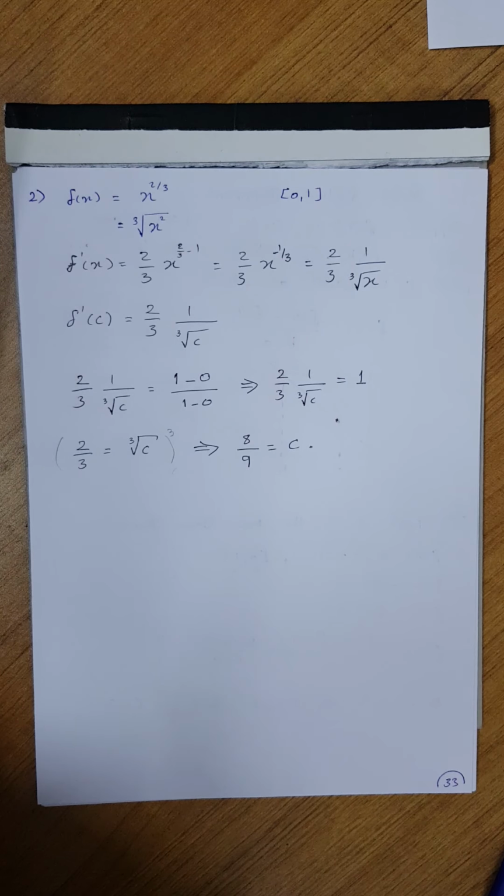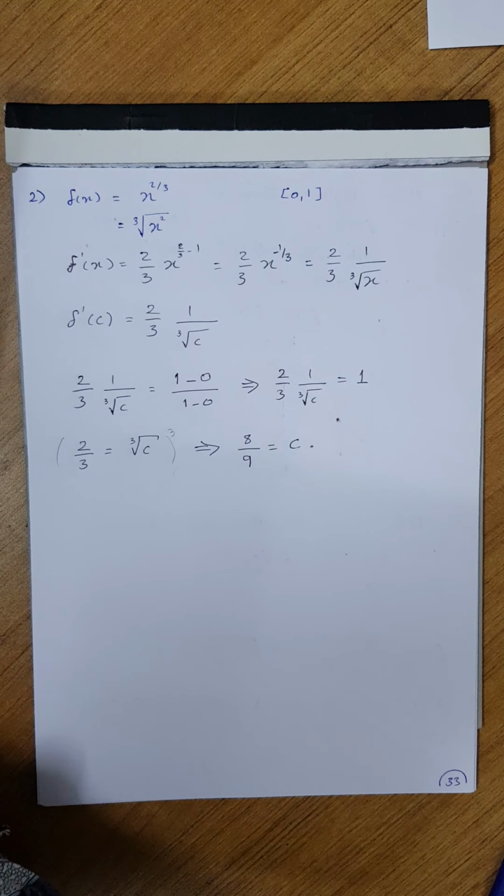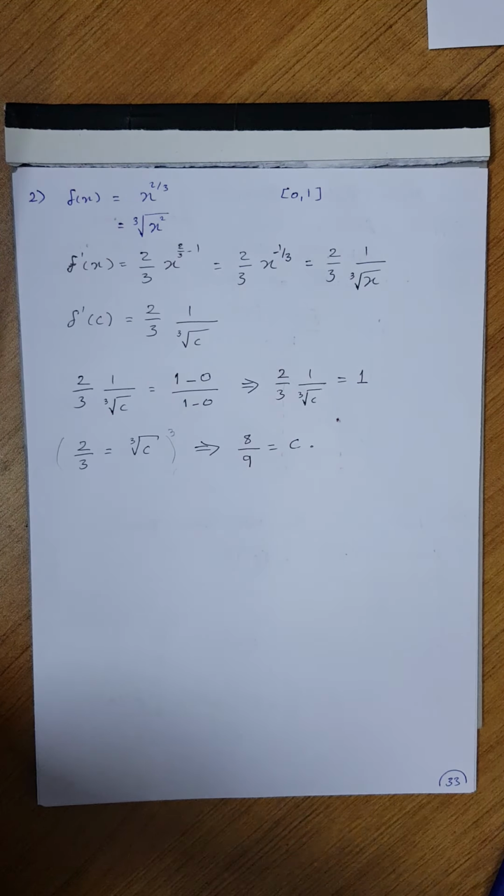So if I put that 8 over 9 into the first derivative of the function, it will give me the value that's equal to 1, because that's f of b minus f of a over b minus a, or we can say that is the slope of the slant line that we have got.